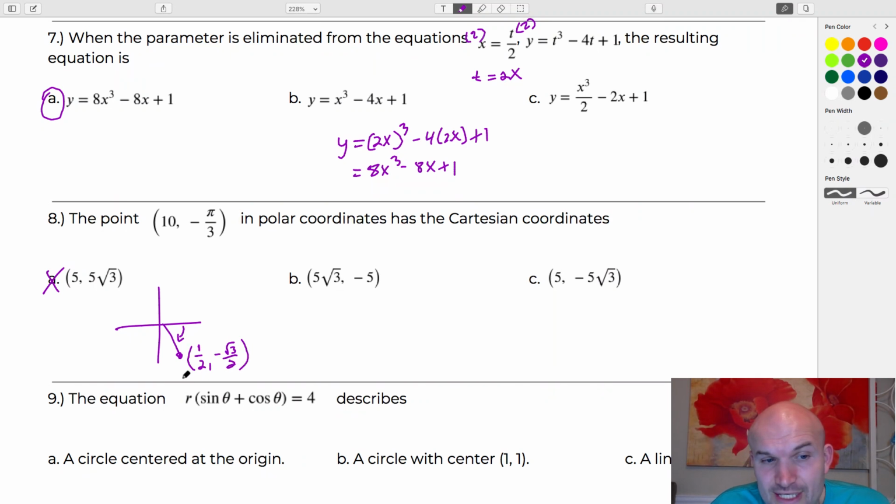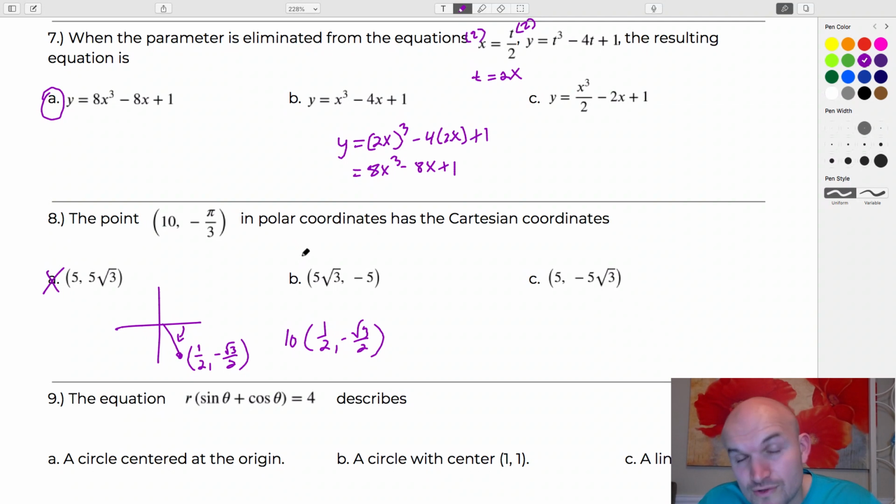So that's the point on the unit circle. And then all we're really doing is multiplying that by 10, right? So it's really 10 times 1/2, negative square root of 3 over 2, or x equals r cosine of theta, y equals r sine of theta. But hopefully you can see from this that it's going to be the last one, C.